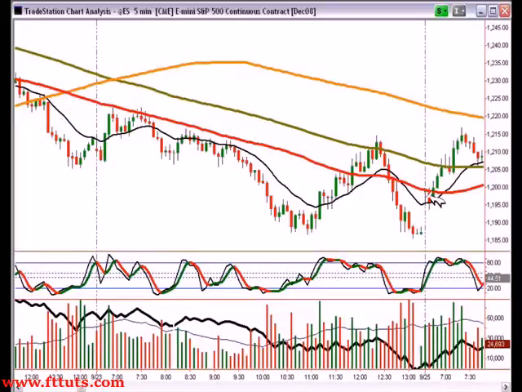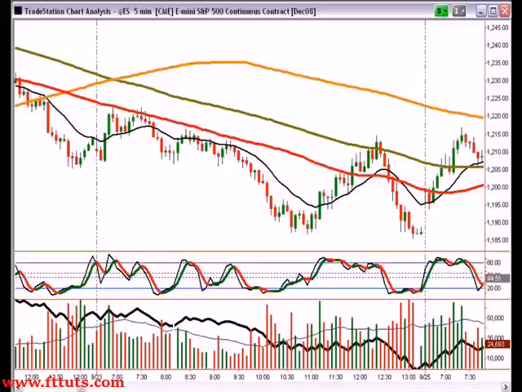But whether it does that or not, we would be considering this most likely an exhaustion gap, and that the longer term picture, whether short term it fills or not, would be it's going to go up. So we would be looking for longs this day primarily.